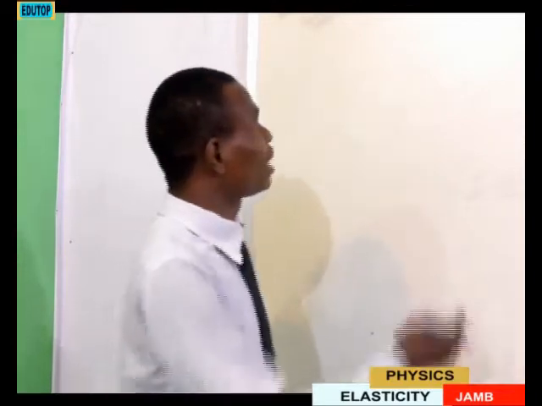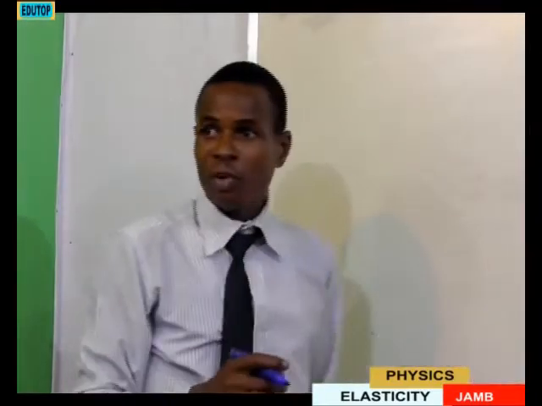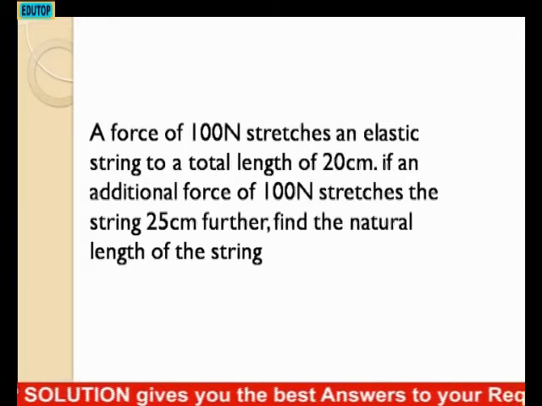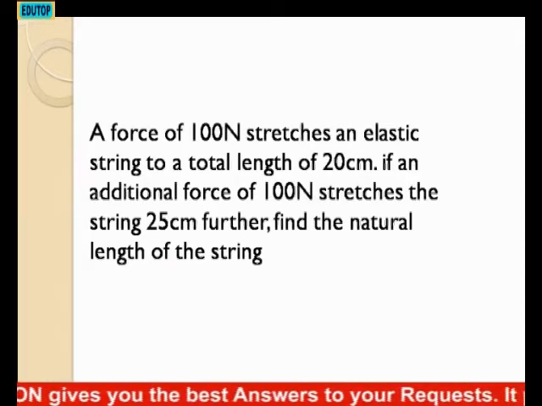We should let our natural length be L. Then if you look at the question we have here, we are told that a force of 100 Newton now stretches that elastic string to a total length of 20 centimeter.